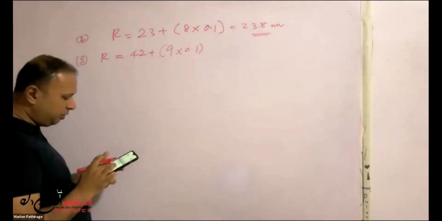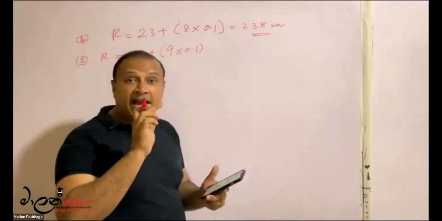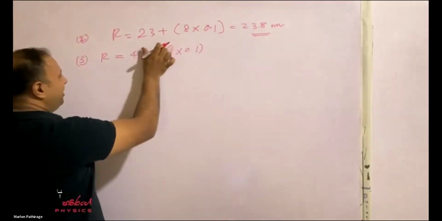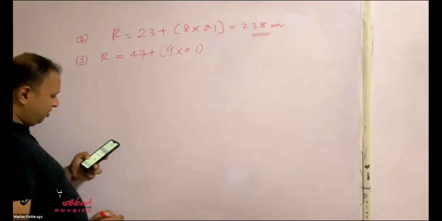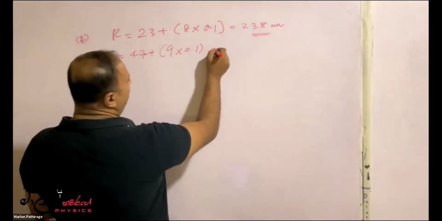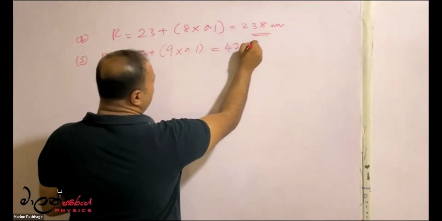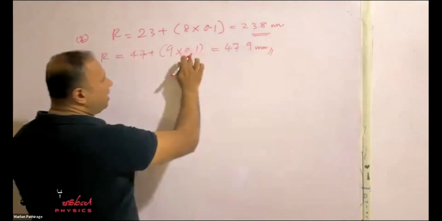Sorry, I think it is 47. Yes, 47.9 millimeters. The least count is 0.1.